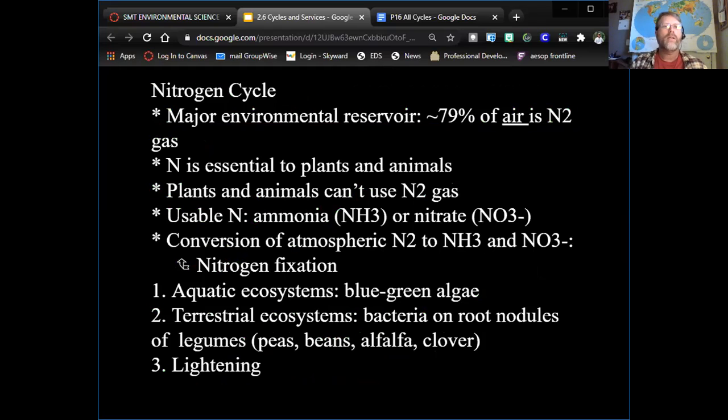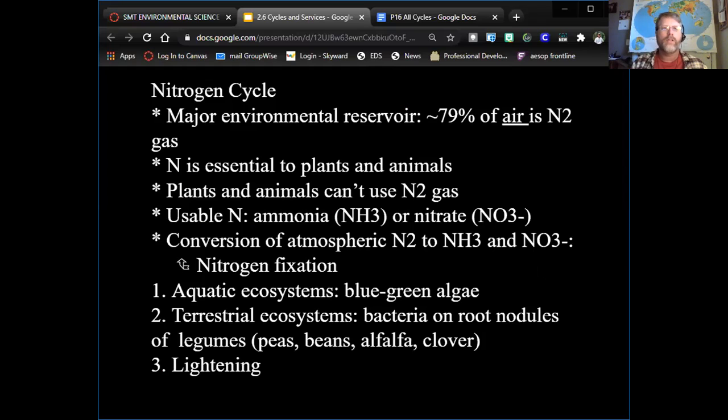So our next cycle was the nitrogen cycle. Most of the nitrogen is in the air: 79% of the nitrogen reservoir is in the air as N2 gas. Now nitrogen is essential to plants and animals, but interestingly, neither plants nor animals can use nitrogen gas, which means we have to find some other form of nitrogen, and that is ammonia and nitrates.